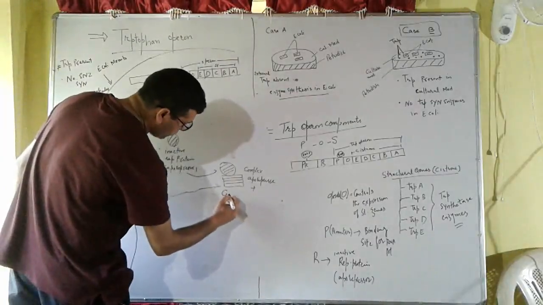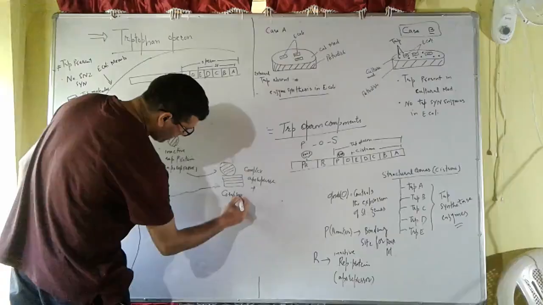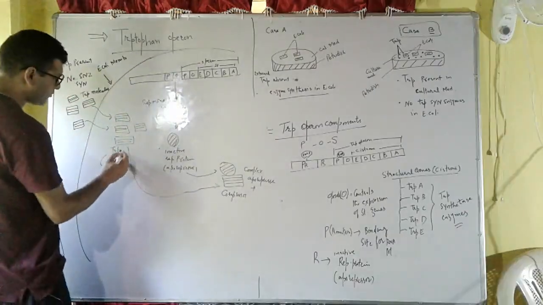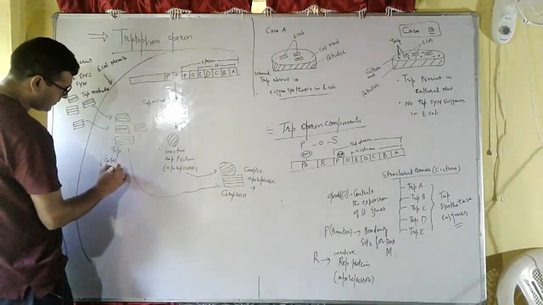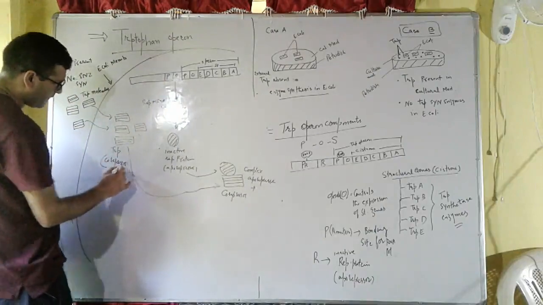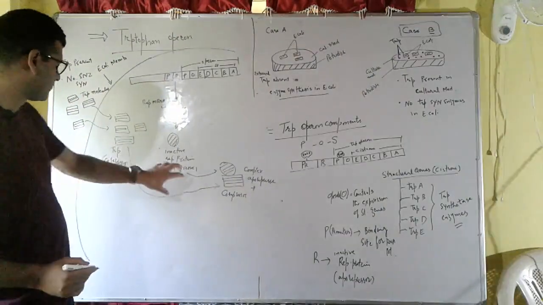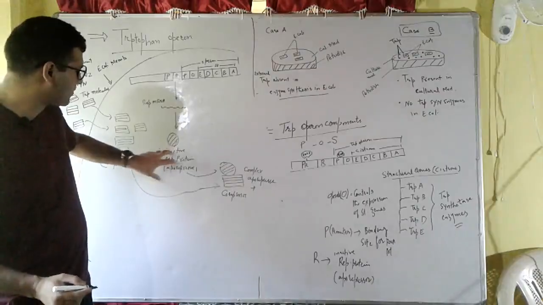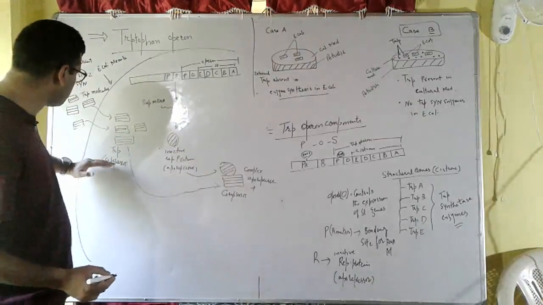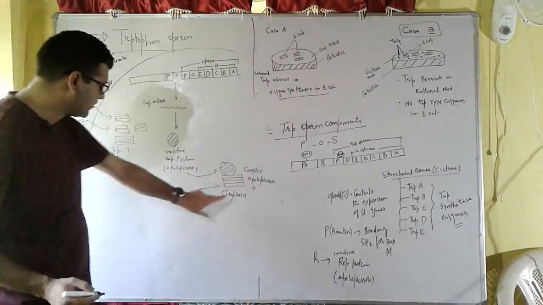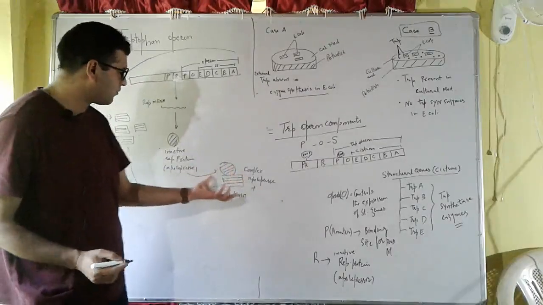The tryptophan molecule here is called the co-repressor. So this aporepressor, that is inactive repressor protein, and tryptophan molecules, what are called co-repressor, will form a complex.